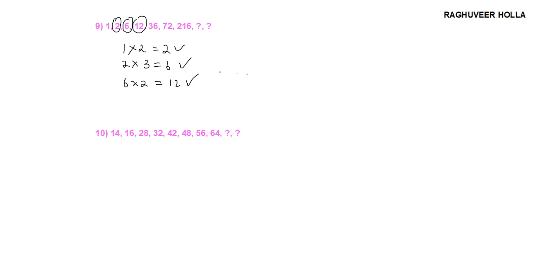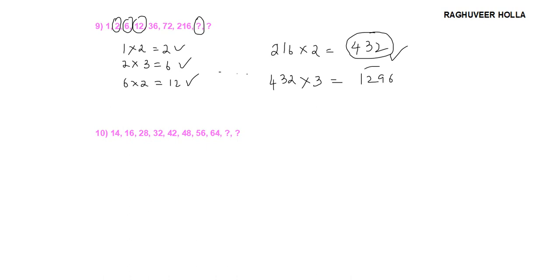So 216 multiplied with 2, I get 432. This is the first number which I would get. And the other one is 432 multiplied by 3, so I get 1296. So this is the next in the sequence which we get. I hope you got this.